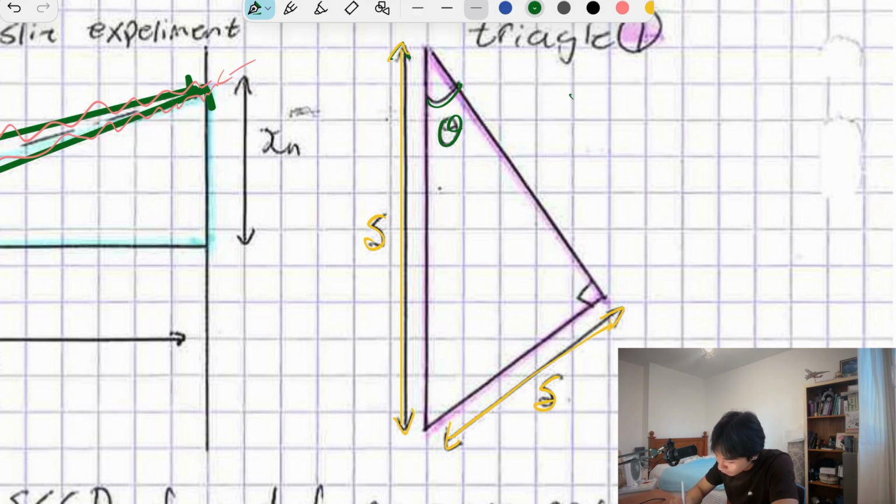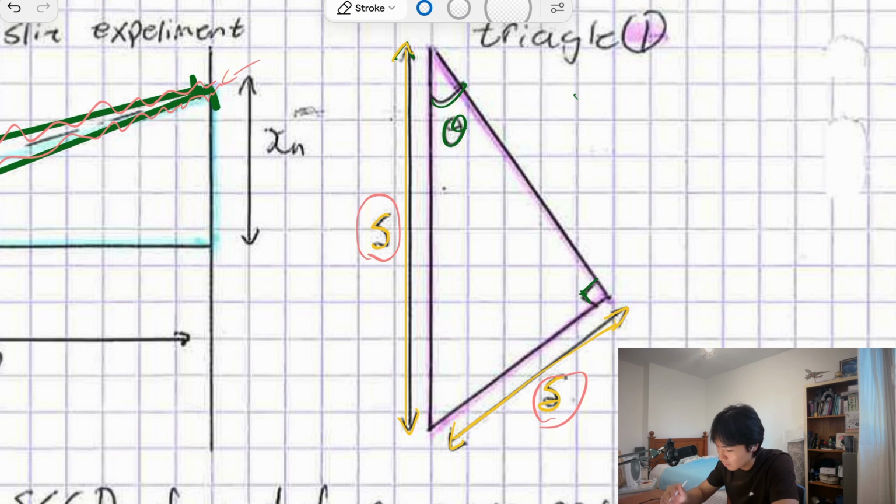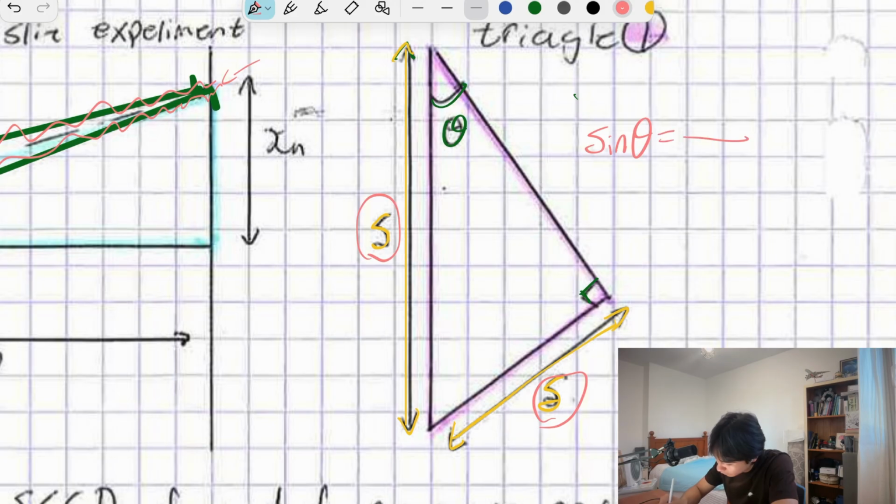Okay, what can we know? How can we write down the relationship between S and delta, if we know the angle here? Using basic trigonometry, we can state that sine of theta is equal to the opposite over the hypotenuse.